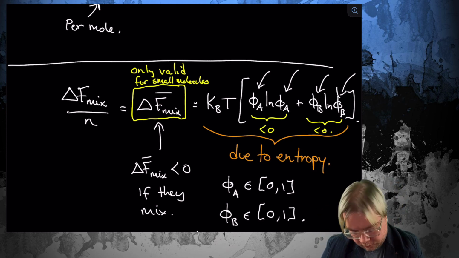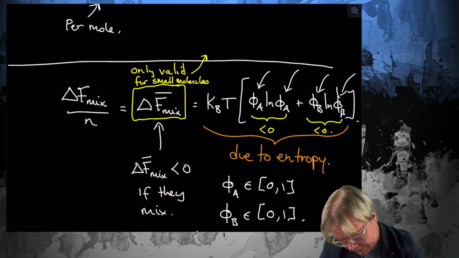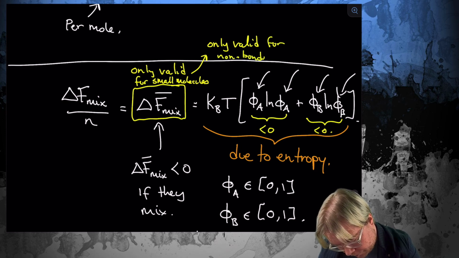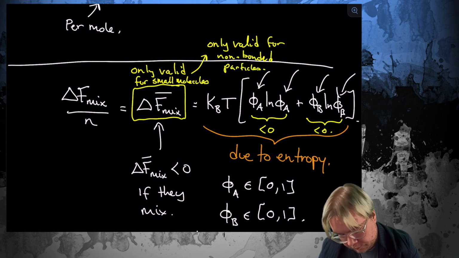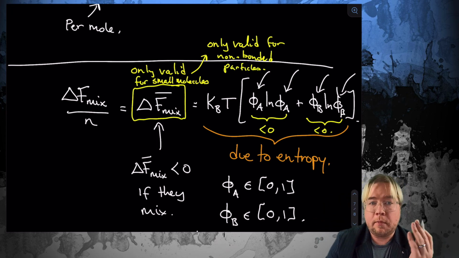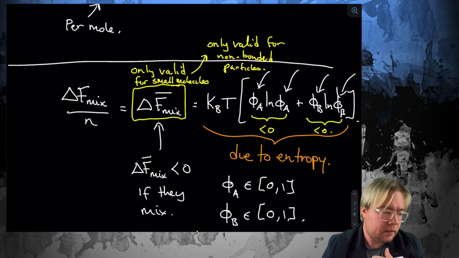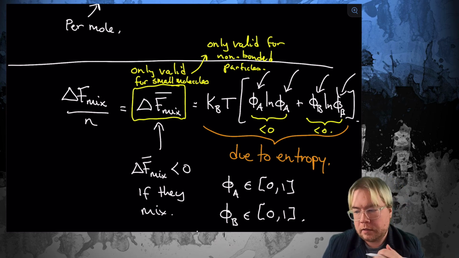I shouldn't say small particles, or what I should actually say is that it's only valid for non-bonded particles. So atoms, molecules, like single small molecules, grains of sand, Skittles, beer nuts, whatever, right?